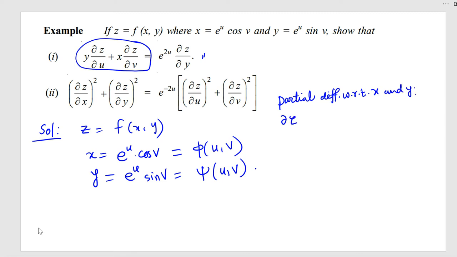It will give us del z del x equals to, from here, if you remember, it is not del x, we have to find out in terms of u, because finally we have to find this relation.